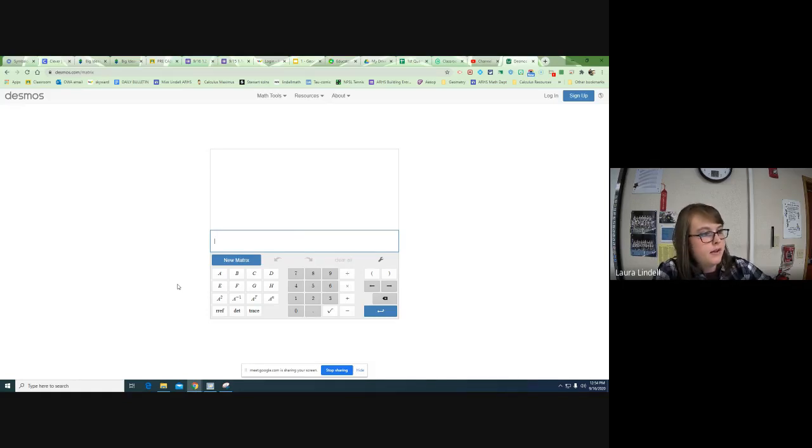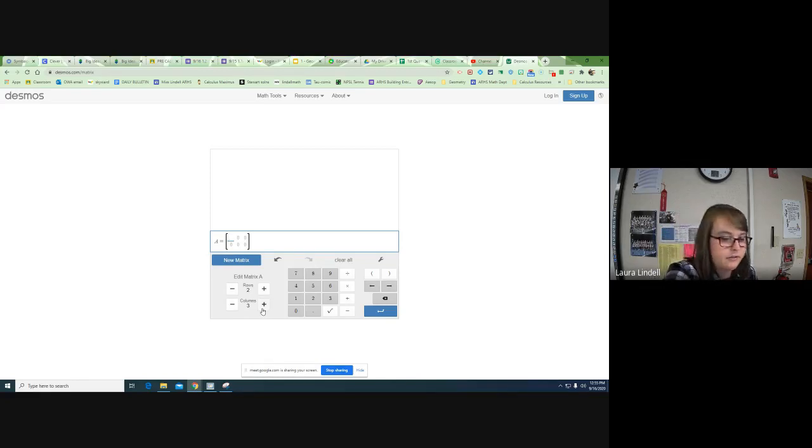Okay. So Desmos came up with this wonderful matrix tool, and all you have to do to put a matrix in is click New Matrix. You can edit the rows and columns. So if I wanted to make it a 2x3, all I have to do is add a column. And then you can do exactly what we did in the TI-84. You can put in your matrix 5, 3, negative 31, negative 22, 2, 4.